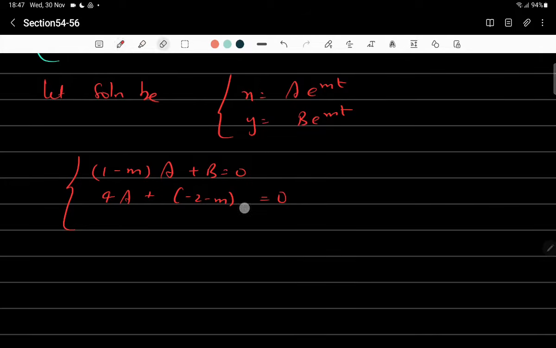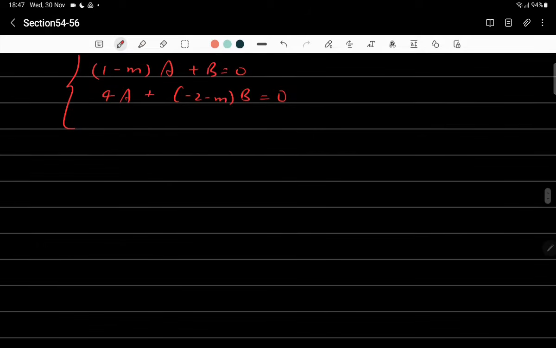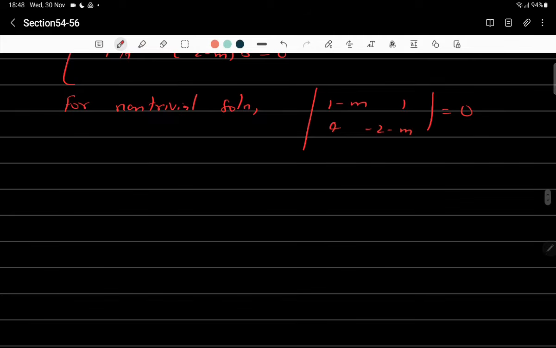Now for this homogeneous system of equations to have a non-trivial solution, I will consider the determinant of 1 minus m, 1, 4 and minus 2 minus m to be equal to 0.